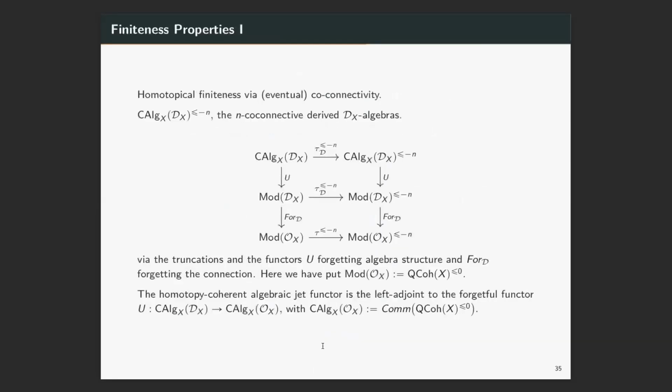Okay, now maybe some fixed n is too much to ask for. So eventual co-connectivity is just that at some point, far enough down the line, your cohomologies will vanish. So at some point, it gets there that we have these finiteness conditions.